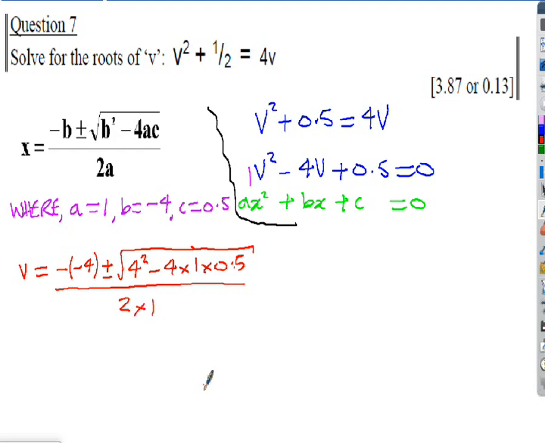I'm going to let you go through the arithmetic. Don't forget you're finding v here. What you should end up with is v is equal to 3.87 to 2 decimal places, and the second root, v is equal to 0.13 to 2 decimal places. So those are the roots you should end up with. But I'll let you do the calculations in your own time.